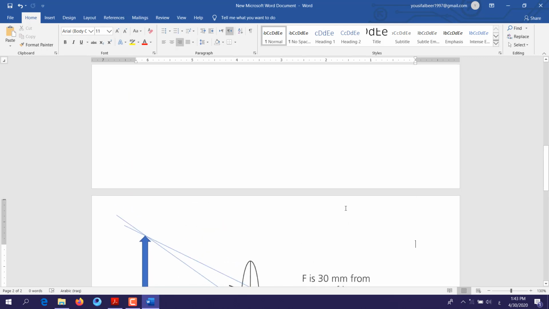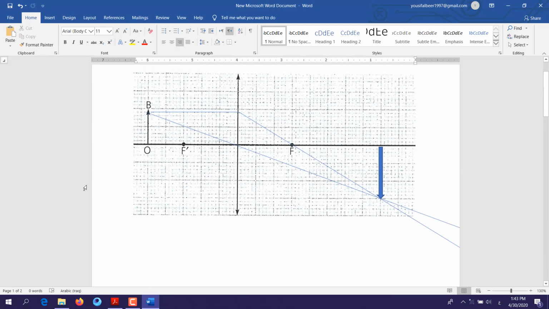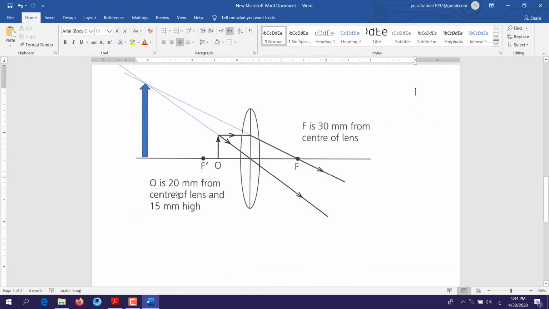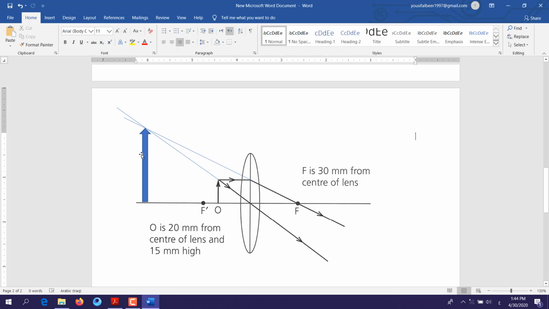It's not like this one. When we draw this one, the direction of the arrow is upside down, okay? This one is inverted, but here the image is upright. And also, if you look at the size of it, it is magnified. It is bigger, okay?